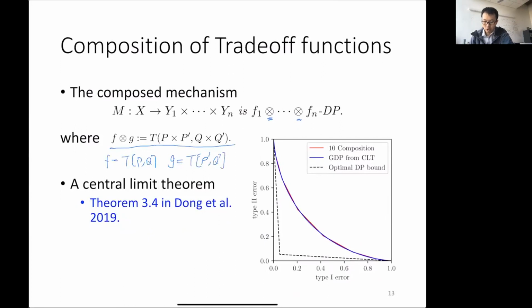So it basically involves finding what P and Q are and what P prime and Q prime are, and then doing the convolution of the probability density functions of these P and Qs separately, and that creates a trade-off function for this F composed with G. The operations could be somewhat complicated and numerically unstable if P, Q and P prime, Q prime are not chosen appropriately.